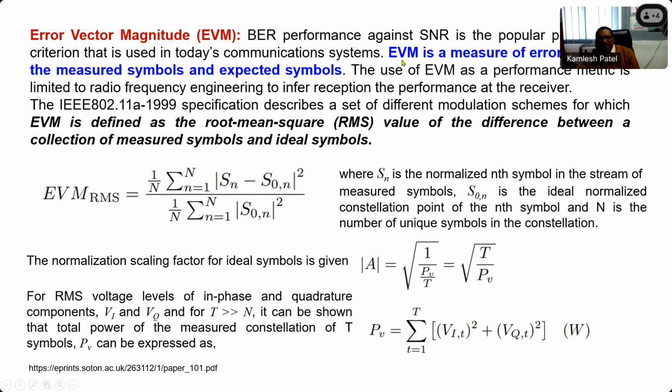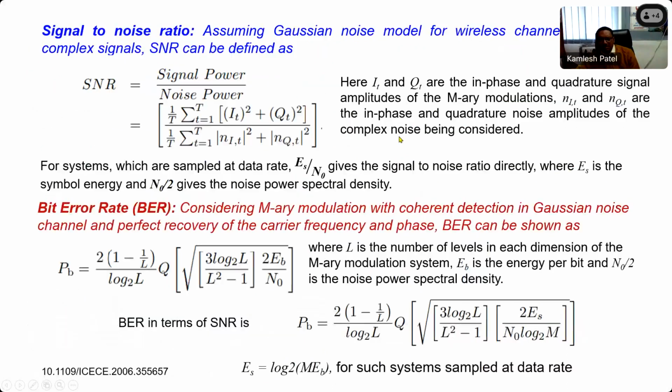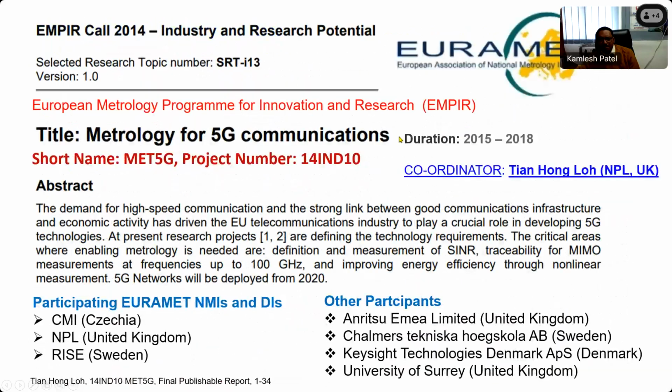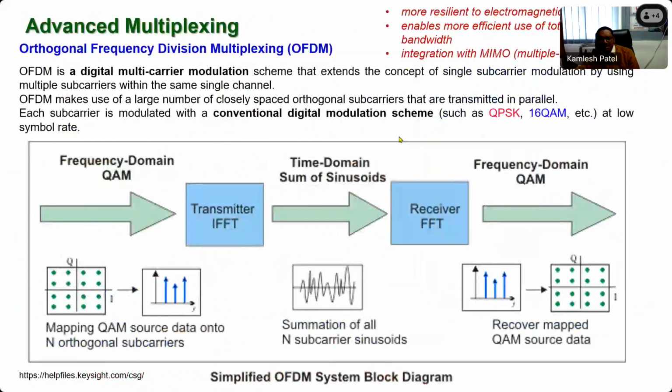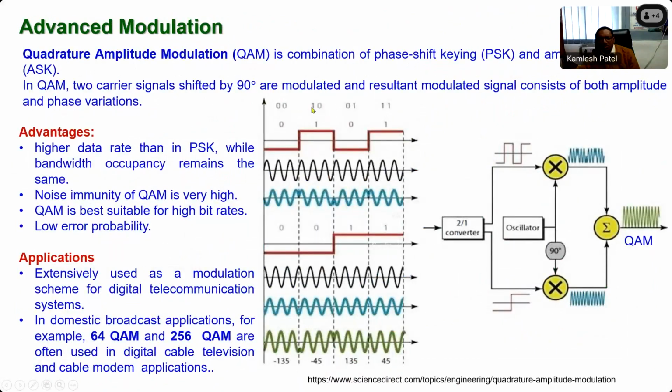Now a new parameter is defined, EVM, which is a measure of errors between the measured symbol and the expected symbol. So we wanted to send some amount of digital signal. Symbol means, this part is already mentioned here. So 00100111 represents the symbols.